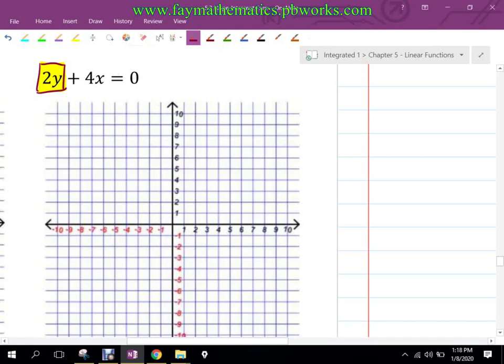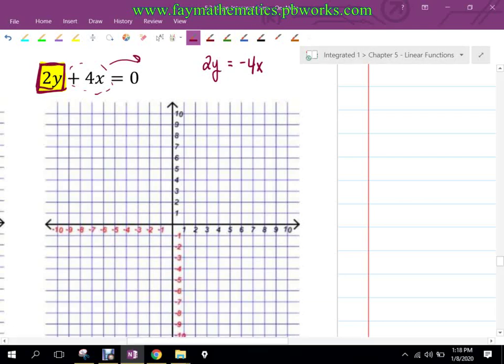I think it's going to be safer, though, with other problems that we do. How do I get this thing to that side? Subtract. So I'm going to go 2y equals -4x. Now, you could have divided by 2. That's fine. But I think isolating this is kind of a safer thing first.